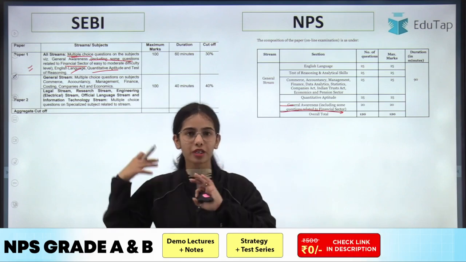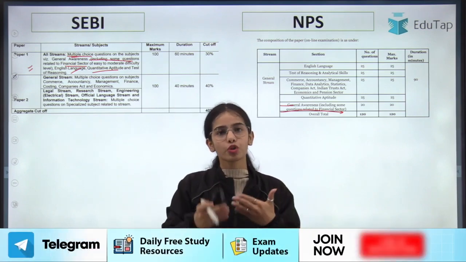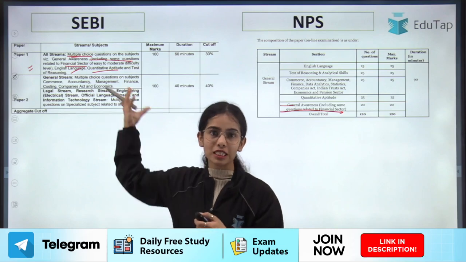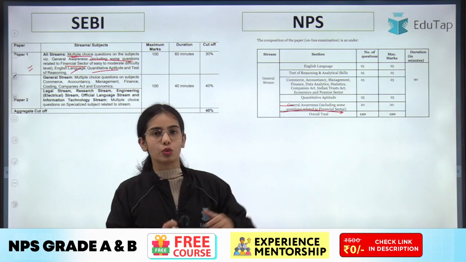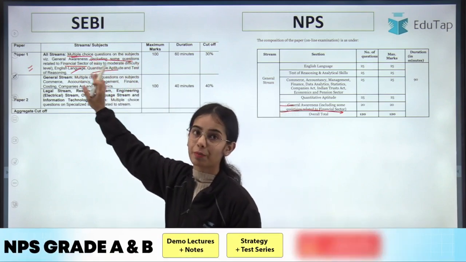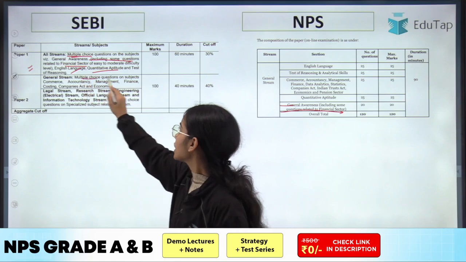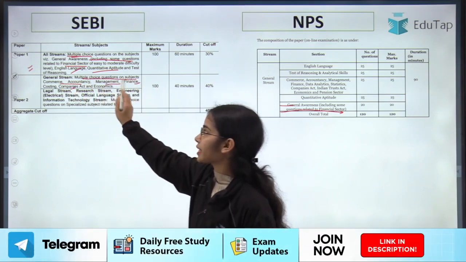So if you have prepared for SEBI, you must have some knowledge of quant, reasoning or English. You must have prepared for these components, so that will help you in phase 1 of the NPS also. Now coming to the next component, in phase 1 in SEBI there is paper 2 that consists of subjects like commerce, accountancy, management, finance, costing, companies act and economics.